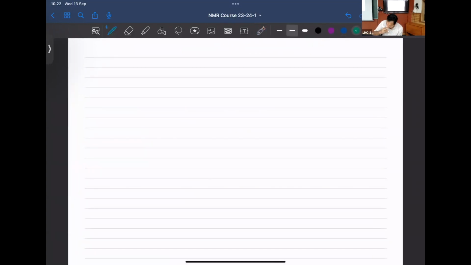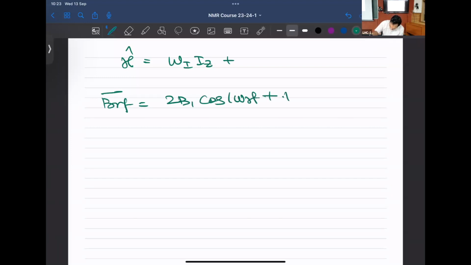So let's take the example where you are looking at the Hamiltonian, which is omega_I Iz plus an RF pulse that is applied. How does the RF pulse look? Can one of you tell me? You remember that B_RF was 2B1 cos(omega_RF t plus phi), right? This is what we started with.